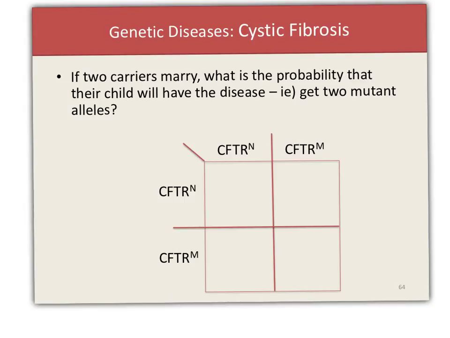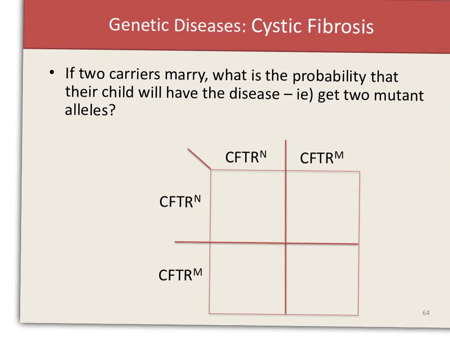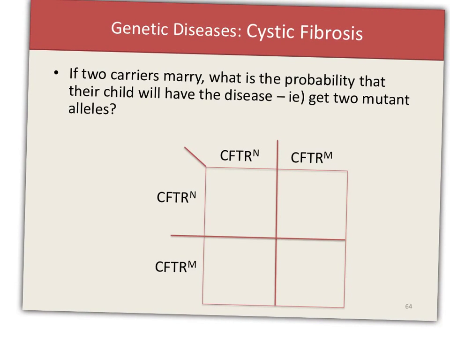So, in this case, we'll say CN and CM for mutant. Okay? So here we have CN, CN 1/4. Here we have CM, CM 1/4.